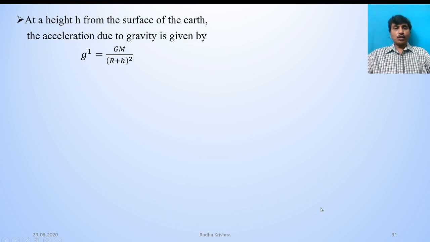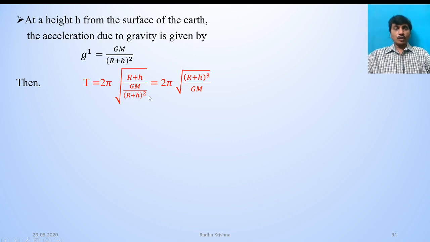At a height h from the surface of the Earth, the acceleration due to gravity is given by g dash is equal to GM by r plus h whole square. Then the time period T is equal to 2 pi into square root of r plus h by GM by r plus h whole square, that is equal to 2 pi into square root of r plus h whole cube by GM.